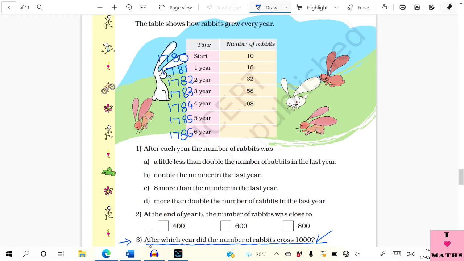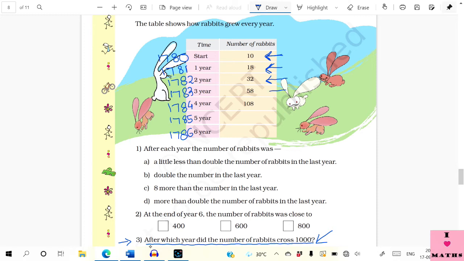Now children, we have seen that the rabbits are increasing at a rate of slightly less than double. Like in the first year the rabbits were 10. After 1 year, the rabbits were 18, which is slightly less than double of 10, which is 20. Now, in the second year, the rabbits were 32, which is slightly less than 36, which is double of 18.